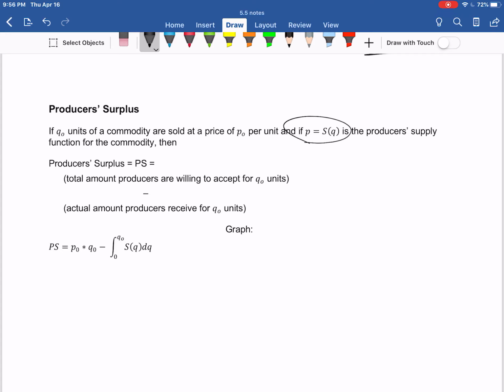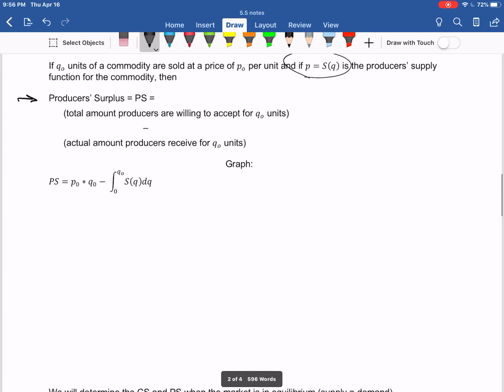Okay, so producer's surplus, which I'm going to abbreviate with PS, producer surplus is the total amount that they're willing to accept for that many units, or how about the amount that they're going to be willing to accept for the sale of that car, minus the actual amount that they actually received from that sale of Q units, and what's left over is your producer surplus.